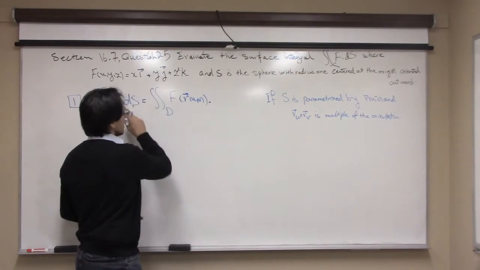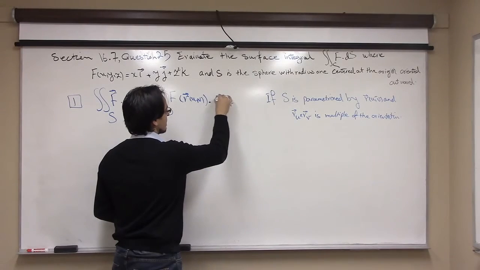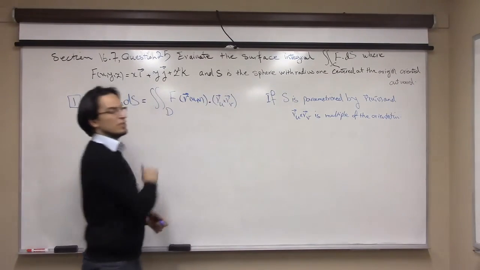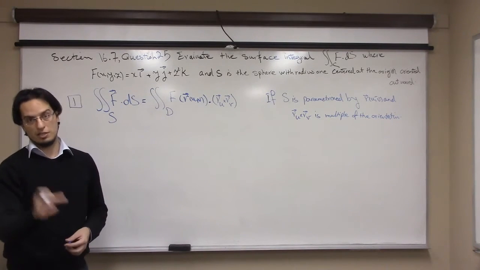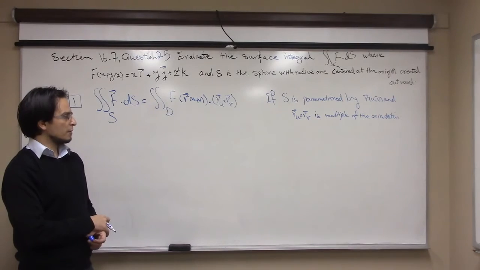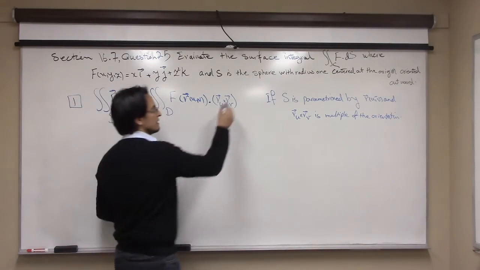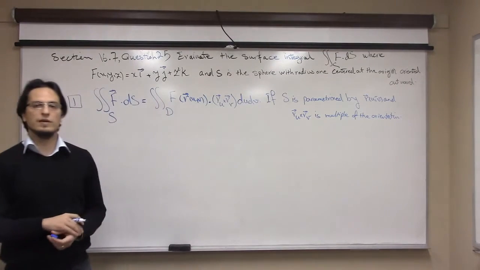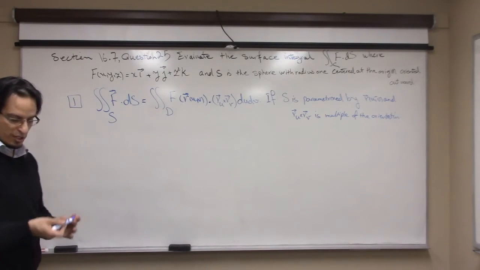Then find r_u cross r_v, that's a vector, and dot product it with your vector field, which is written in terms of your parameters. Then you will get a function in u and v. Then find the integral du dv. Okay, so this is the general thing.